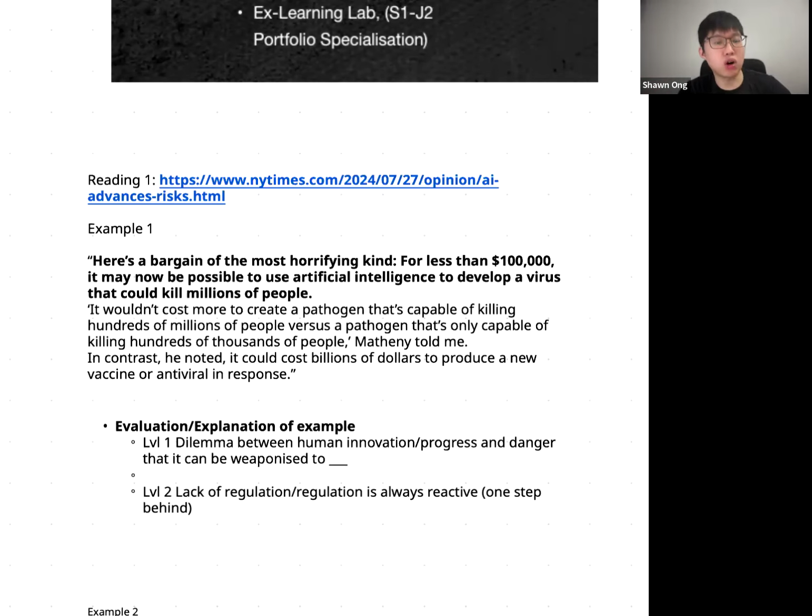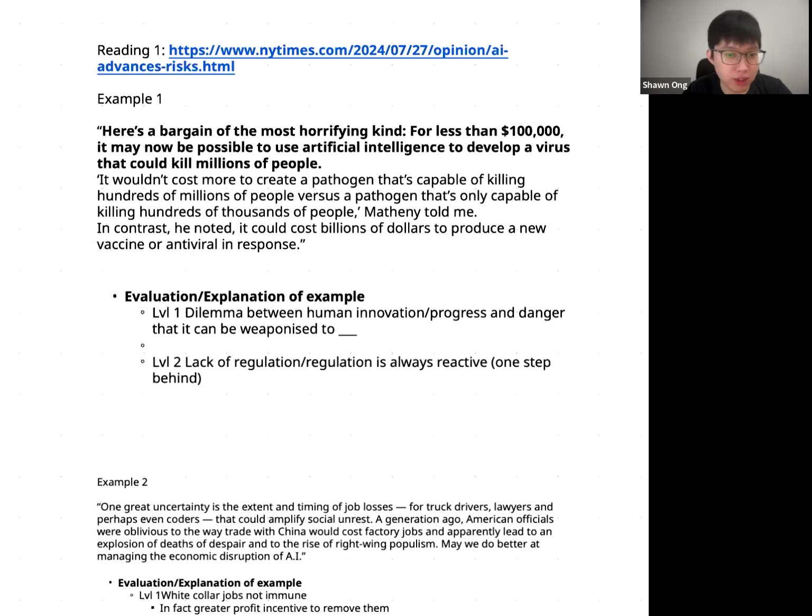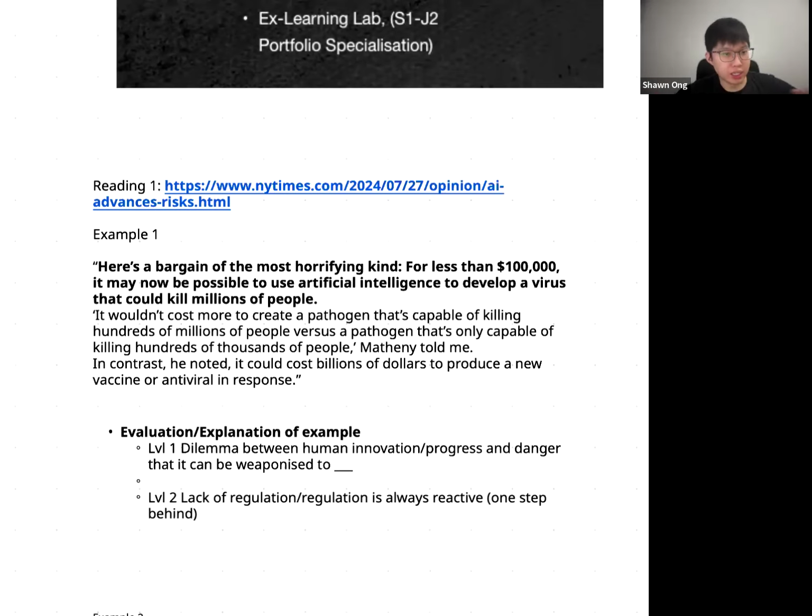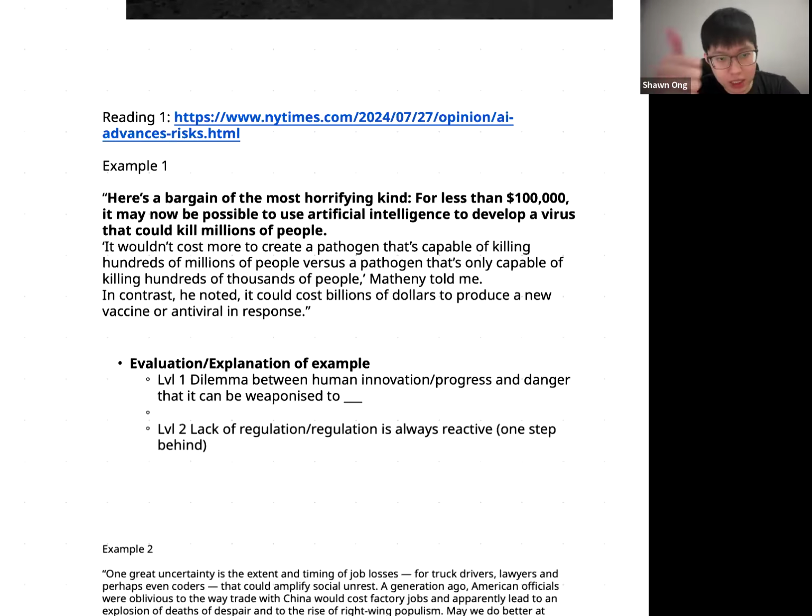But that means that normally the issue will happen first. It will devastate society for a while before I create a rule to tackle it. So it's always reactive, and that means there will be harm to society unless the legal system is so proactive, so preemptive, that it tackles this, but that's very rare, or almost unseen.